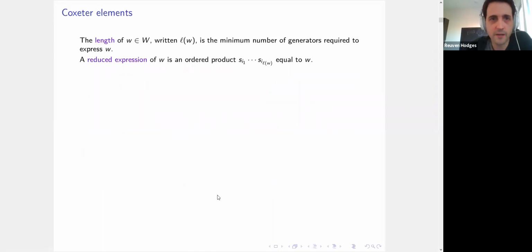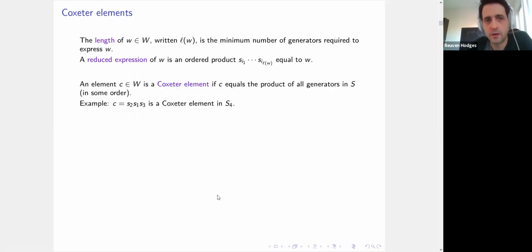Now just a bit of terminology associated with all of this. So if you have an element w inside of a Coxeter group, then the length of this element is just the minimum number of generators required to express that element as a product of simple reflections. And then a reduced expression of w is just some ordered product of minimal length that is equal to w.